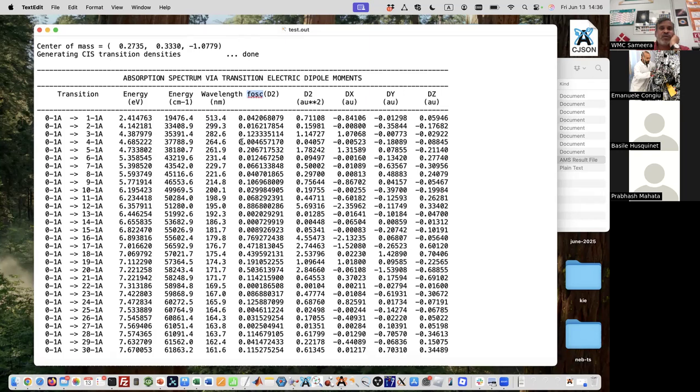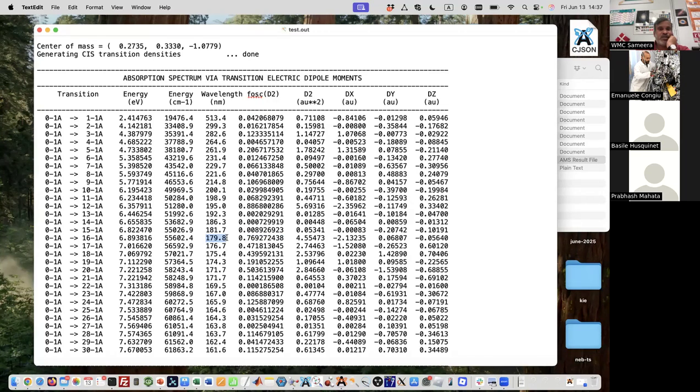If you look at the largest value here, that is the largest transition dipole moment, so this excitation is actually dominant.